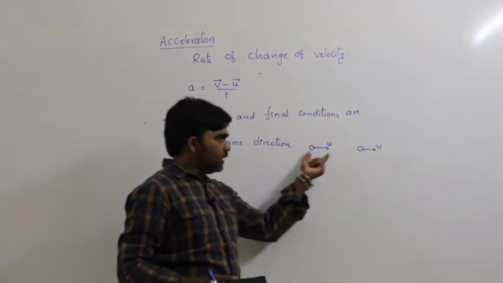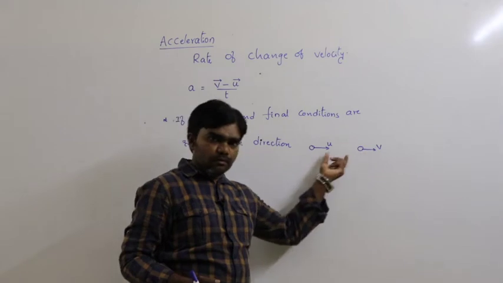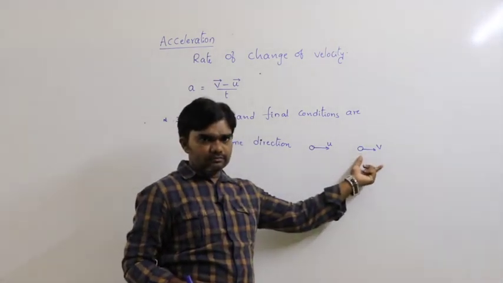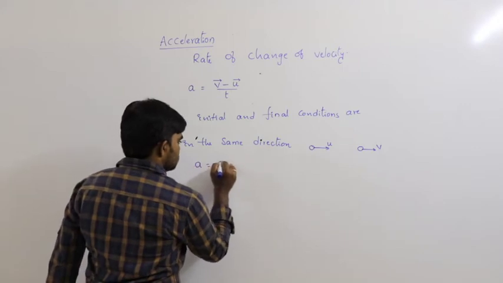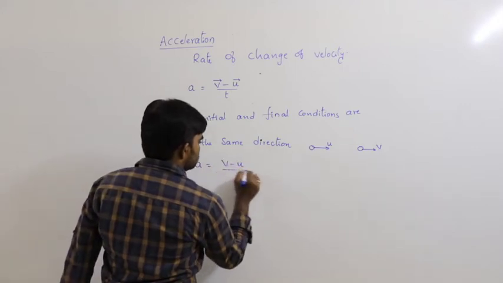This is initial and it is final, both in the same direction. Then acceleration can be written simply as v minus u by t.